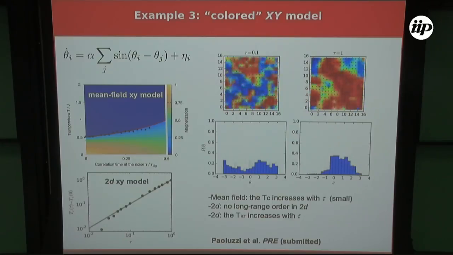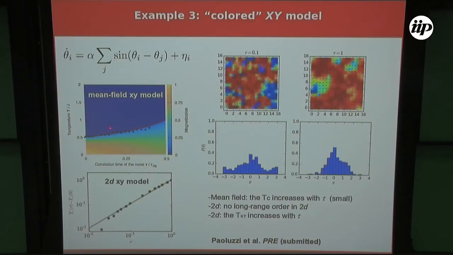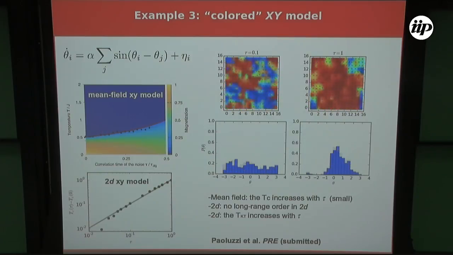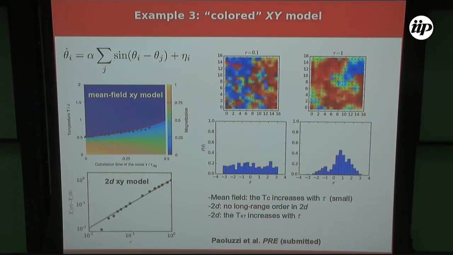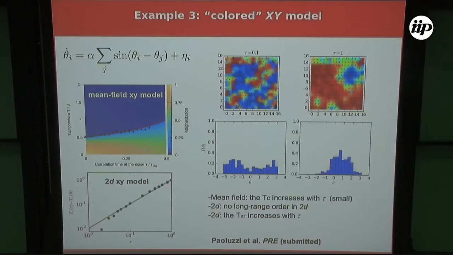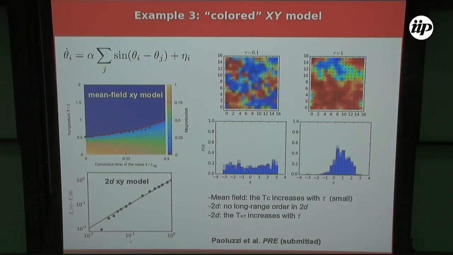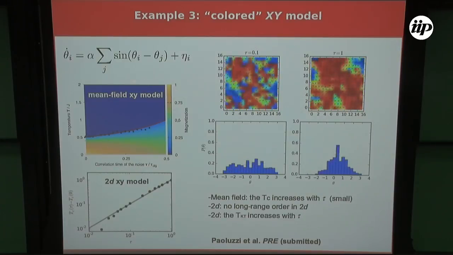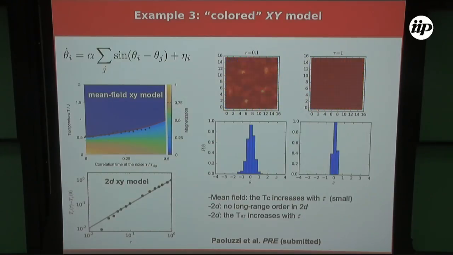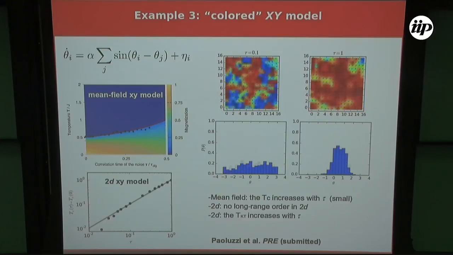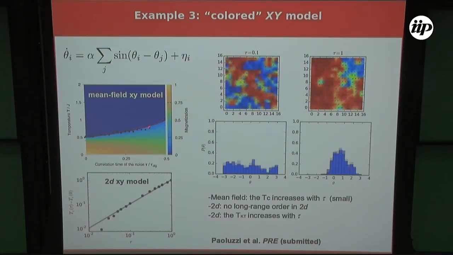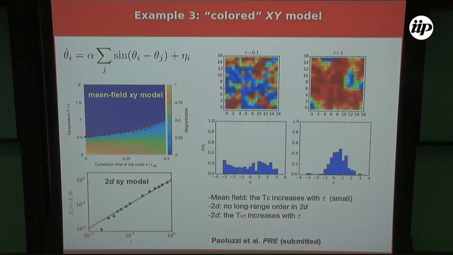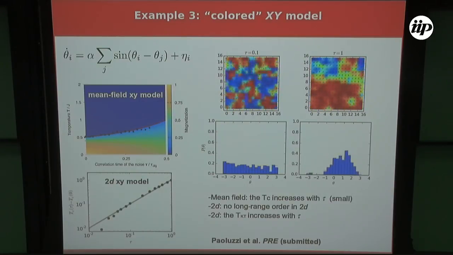We can find a new critical exponent because you can cross the transition line by changing tau. So we have a new critical exponent associated with tau, and it's 1/2. The take-home message is that the color of the noise tends to make the system more correlated, because you need a higher temperature to destroy the magnetization.